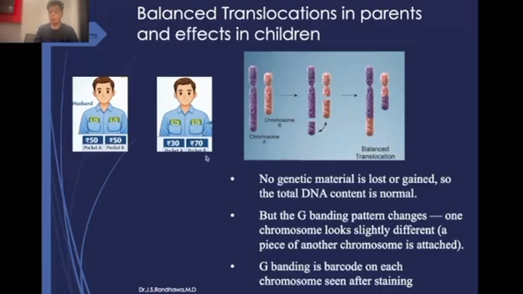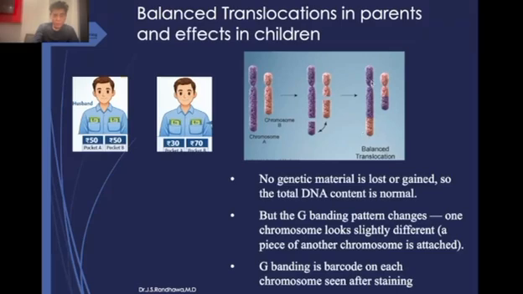Fine. Now in karyotyping there is a staining method, and after that there is a study, and this study is referred to as G banding. Through G banding, we are able to make out whether the chromosome, which may have a normal length only, has parts from another chromosome or not.